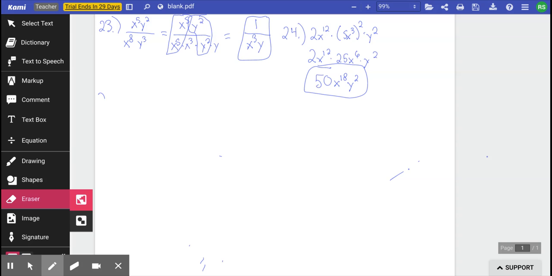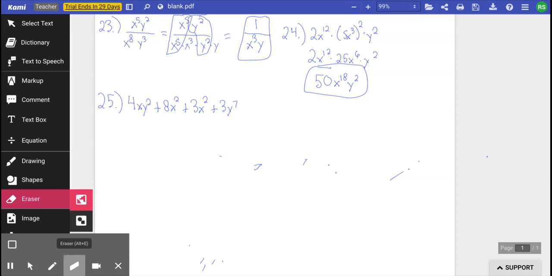In problem number 25, the problem begins as 4xy squared plus 8x squared plus 3x squared plus 3y to the 7th. We're looking for like terms here. Well, there are no other xy squareds.